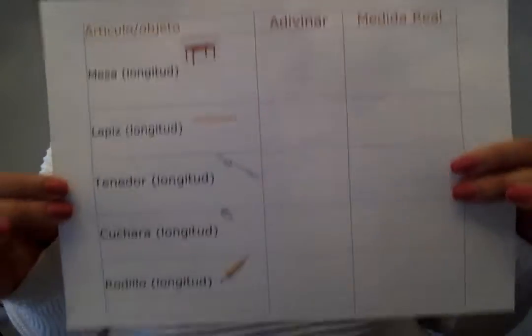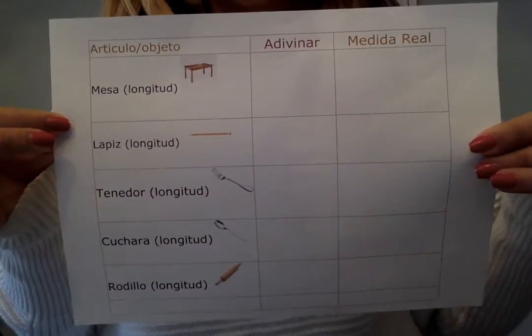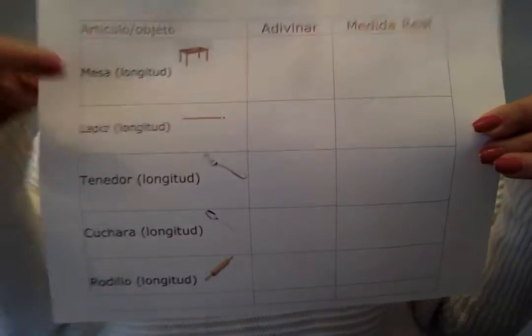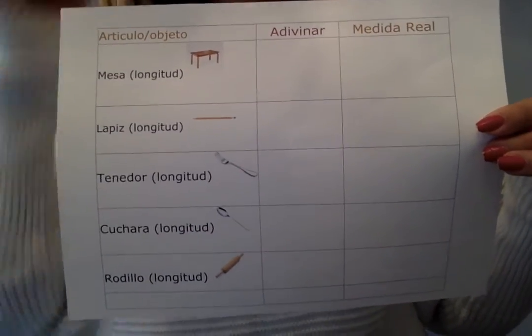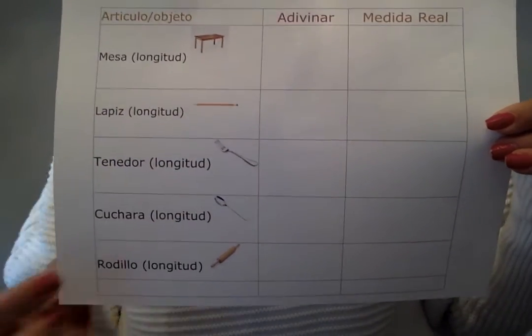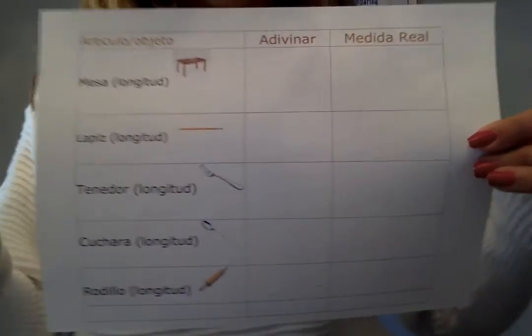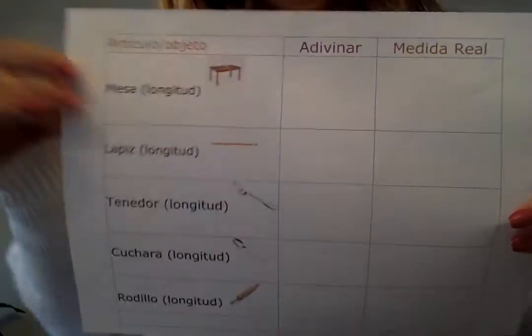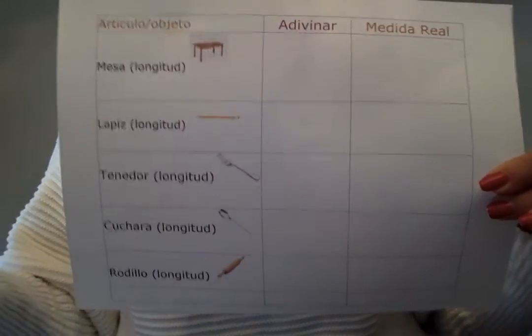Now for today, you are going to be completing this table. En el día de hoy van a estar completando esta tabla. Tienen 1, 2, 3, 4, 5 diferentes artículos que quiero que midan. Si no tienen uno de ellos, no se preocupen. Solamente hagan lo que encuentren en casa. I want you first to take a smart guess.